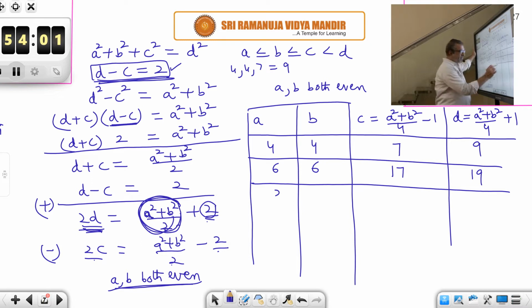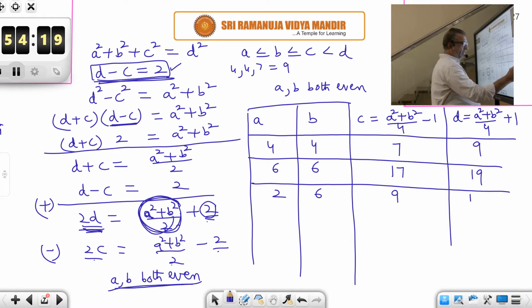So 2, 6. Both even. 2 square plus 6 square is what? 36 plus 4, 40 by 4, 10. 10 minus 1, 9.